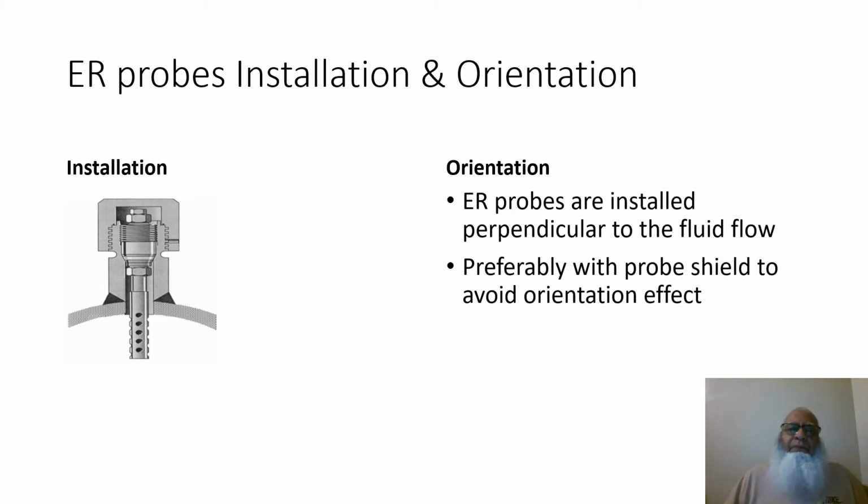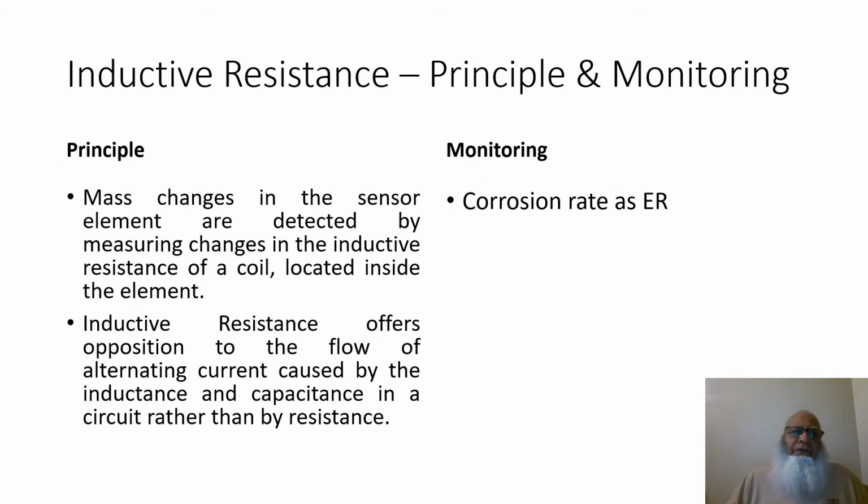So it's very, very important as you install these probes that you fix the orientation by making a mark on the top of the solid plugs so that you can use a fixed orientation, or use the velocity shield to avoid this type of restriction, using the erosion shield.